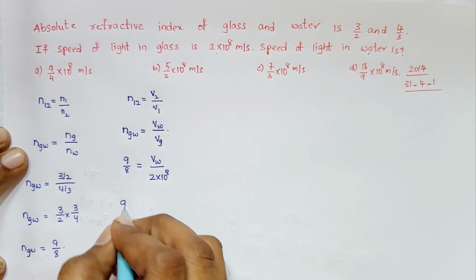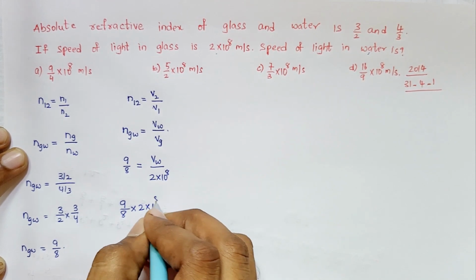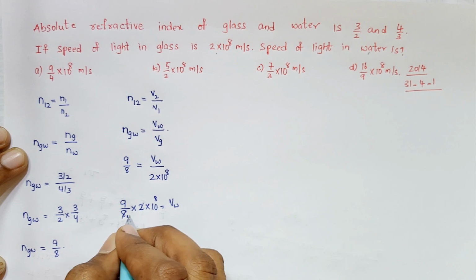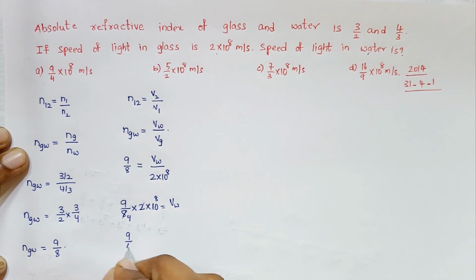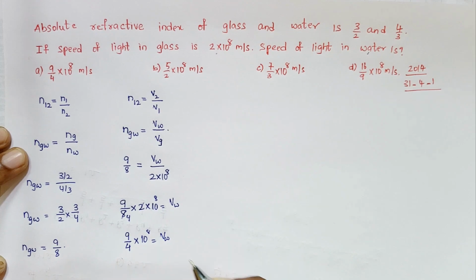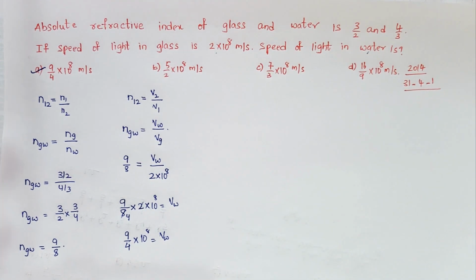It becomes 9 divided by 8 into 2 into 10 power 8 is equal to VW. 2 ones are 2, 2 fours are 8. It becomes 9 by 4 into 10 power 8 is equal to VW. So speed of light in water is 9 by 4 into 10 power 8 meters per second. So option 1 will be the correct answer.